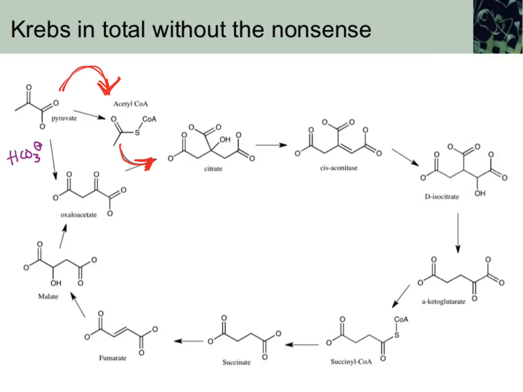What happens in our next step, citrate to cis-aconitase? We formed a double bond, so is this a redox reaction? It's an elimination reaction, not a redox. We don't need some energy intermediate to push this.